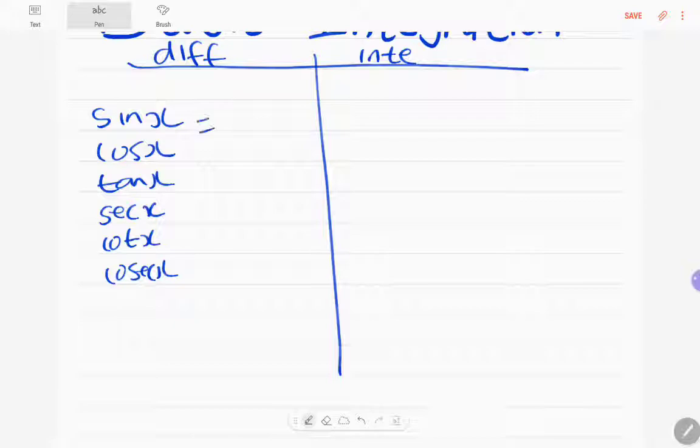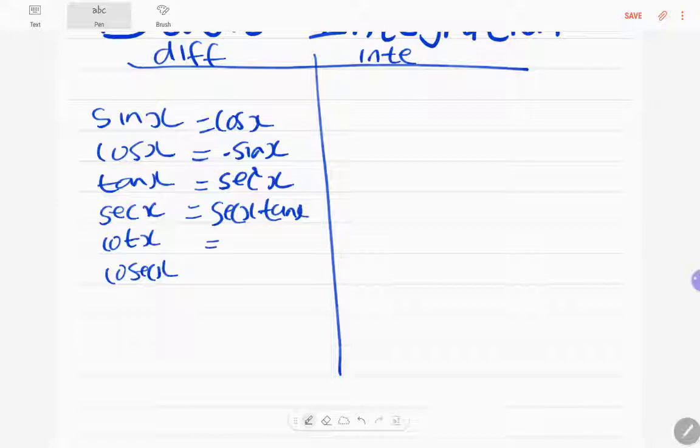The derivative of sine is cos. The derivative of cos is minus sin x. The derivative of tan is sec squared x. The derivative of sec, we said, is sec x tan x. The derivative of cot, we said, is minus cosec squared x. The derivative of cosec is minus cosec x cot x.